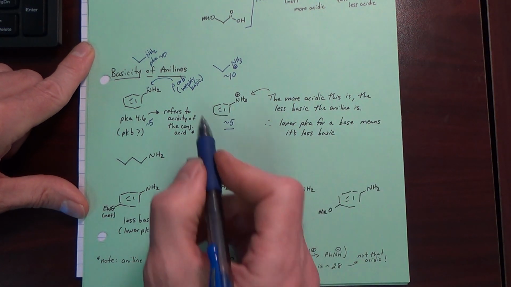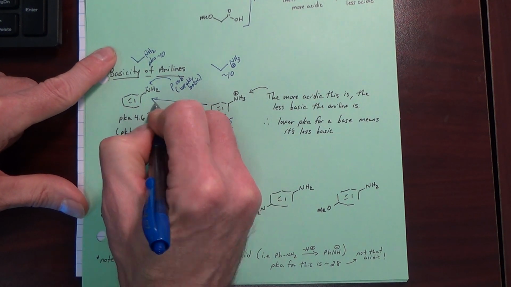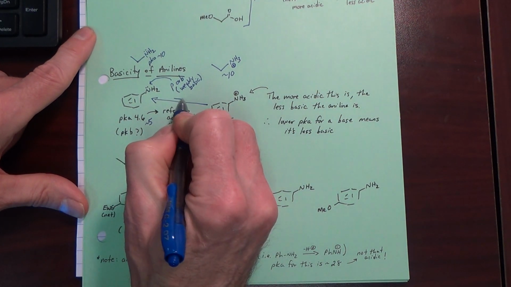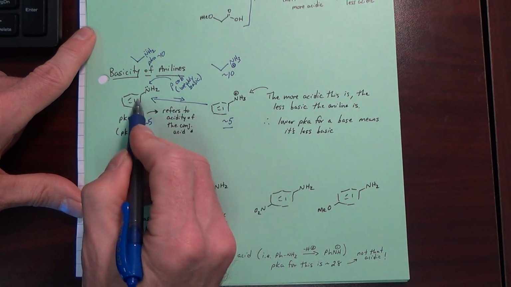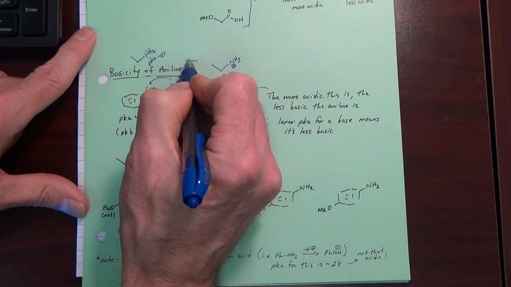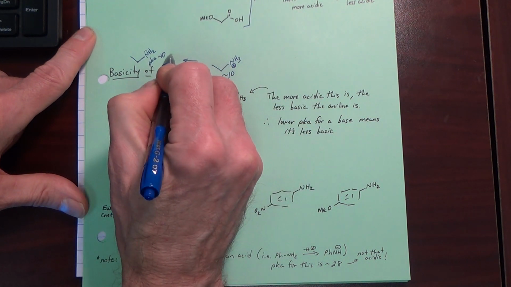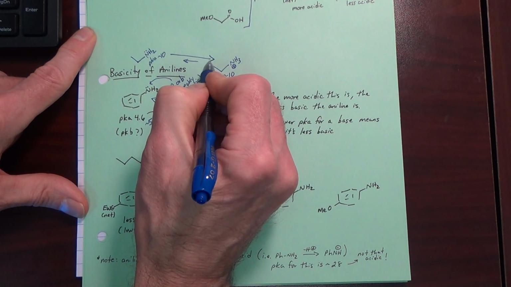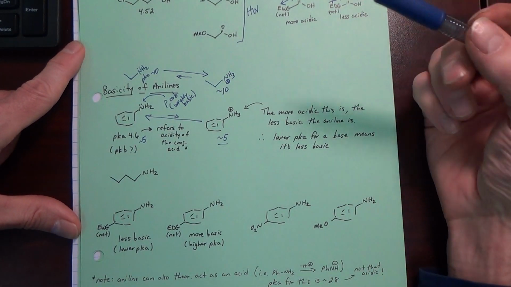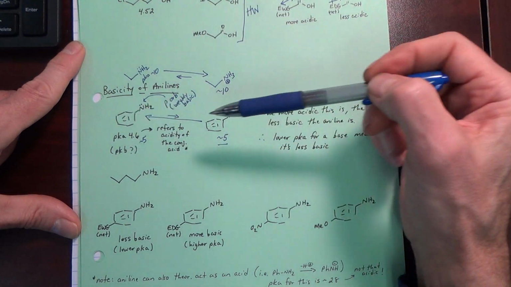Since it's more acidic, that means it's more willing to act as an acid and go back to the conjugate base. Okay, equilibrium, but it's more willing to act as an acid. This one is not as willing to act as an acid, so I'm going to draw, it doesn't want to go back here as much. So by contrast, it actually wants to come this way more. So this one's more acidic, wants to go back here.